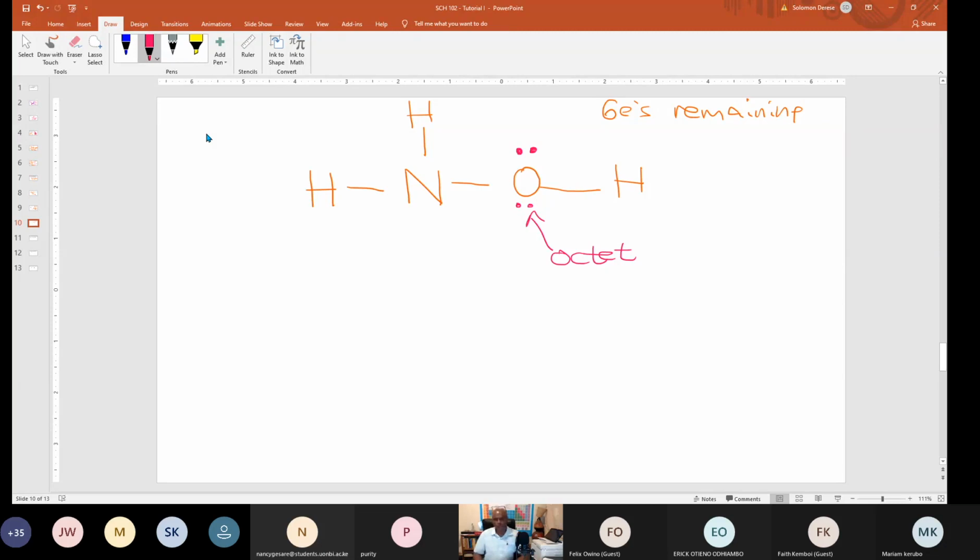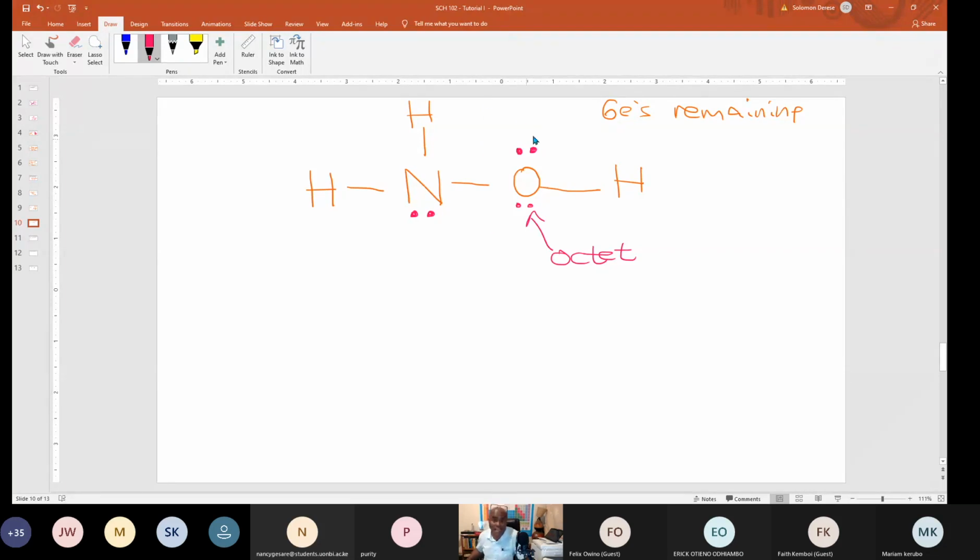Now, after you have done this, if there is any electron left, fulfill the octet of the central atom. We'll look at the importance of this as we go along, okay? So when you put the lone pairs of electrons to fulfill the octet of the elements that do not have an octet, you use the lone pairs to fulfill the octet of the elements outside.